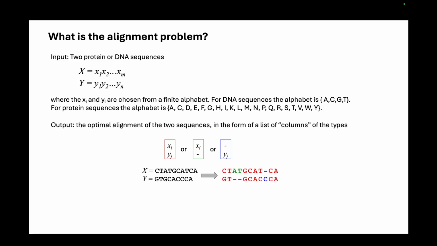Before coming to what the alignment problem is, let us talk a little bit about why we need alignment. What's the necessity to do sequence alignment? Say, for example, we talked about different types of sequences in the first class. Say you have a sample that has been sequenced by Illumina, and it has given you a set of reads in a FASTQ file.